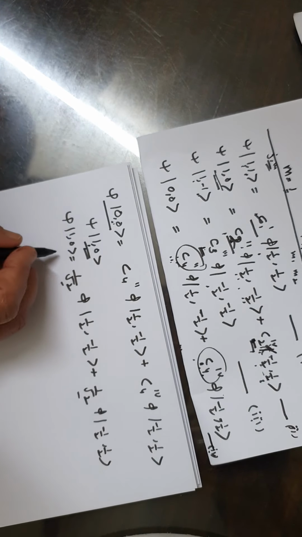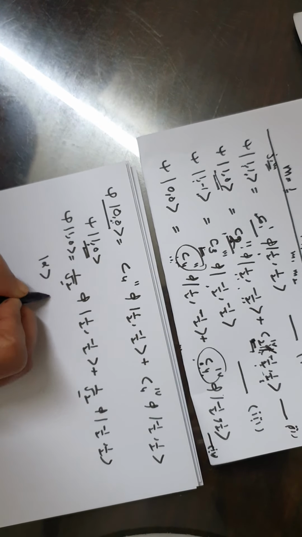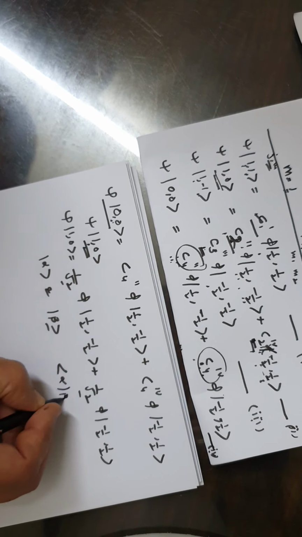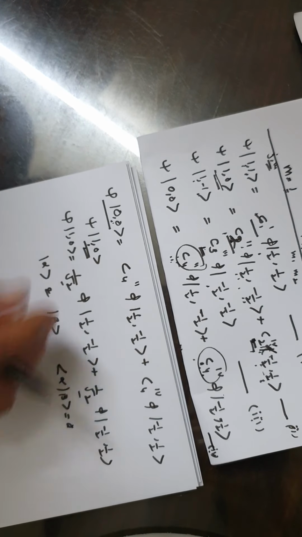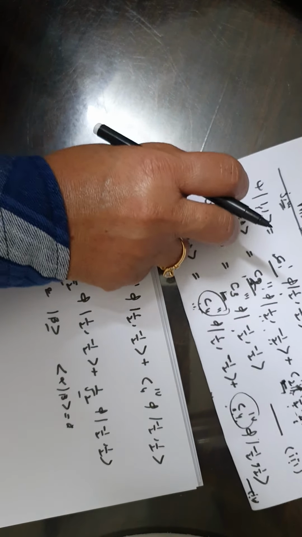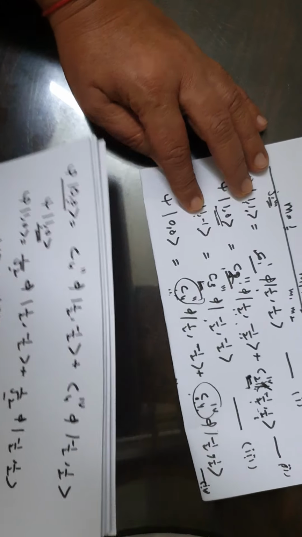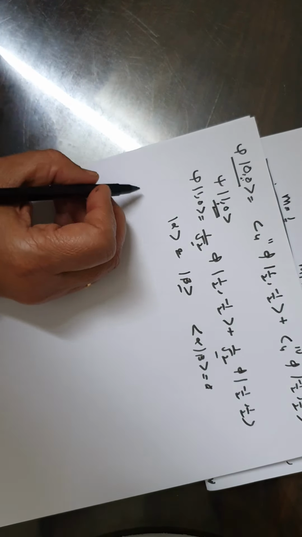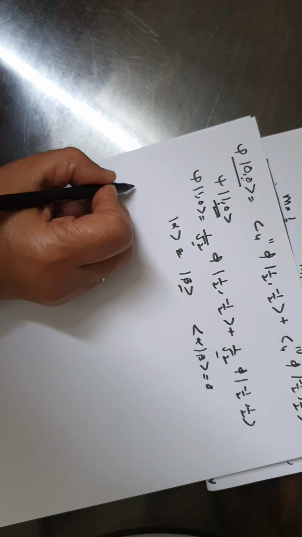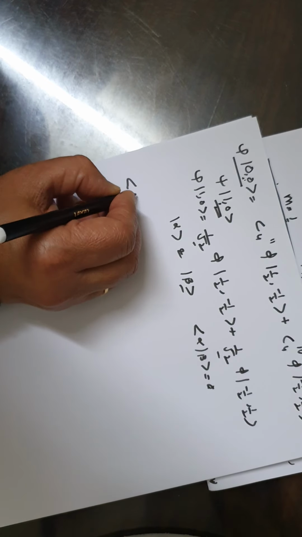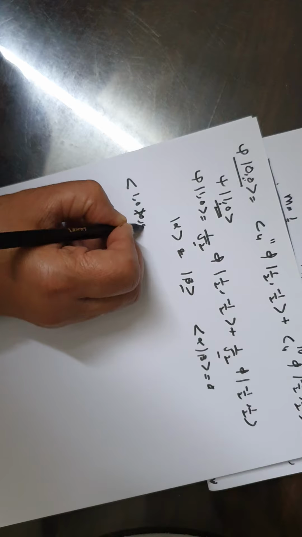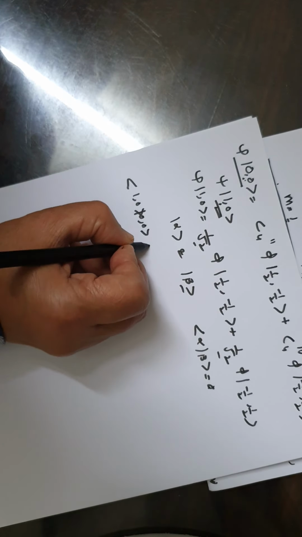If the two states, alpha and beta, are orthogonal, then their inner product must be equal to 0. We use that property, and by using that property, we write down that the inner product of 1 0 with 0 0 is equal to 0.